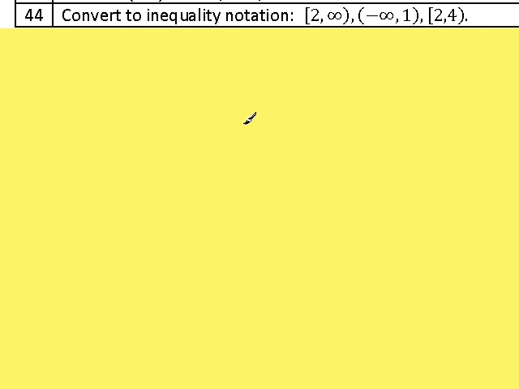And here we want to, again, convert to inequality notation. So let's start with 2, infinity. And again, let's picture x here. So x is to the right of 2. So x is greater than 2. And we have a greater than or equal to symbol because of the square bracket.